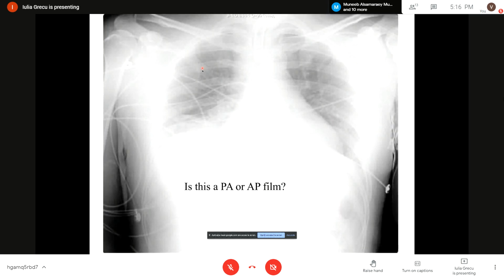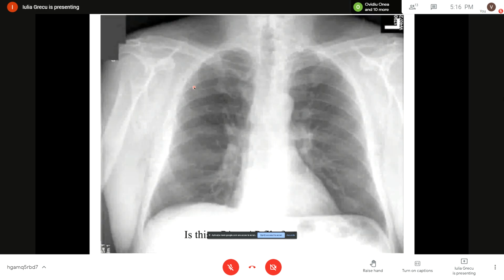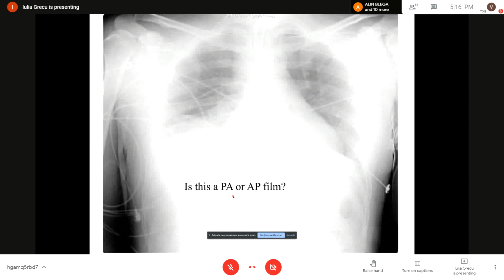Things that will not happen on the AP projection, when the scapula will lie and superimpose on the lungs' transparency. Also, here we can appreciate all the mediastinal edges and the heart shape, which cannot be done correctly in an anteroposterior film.